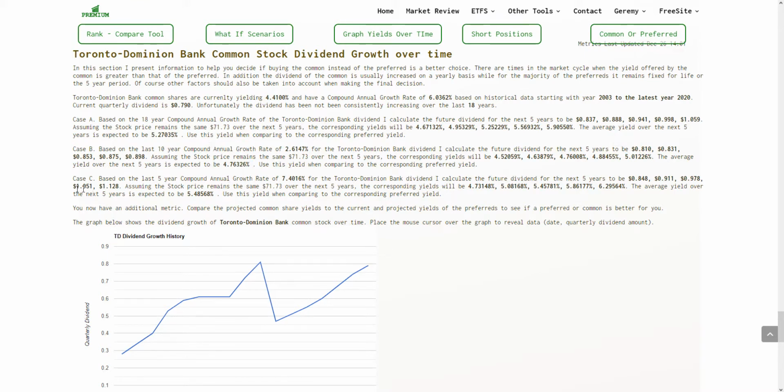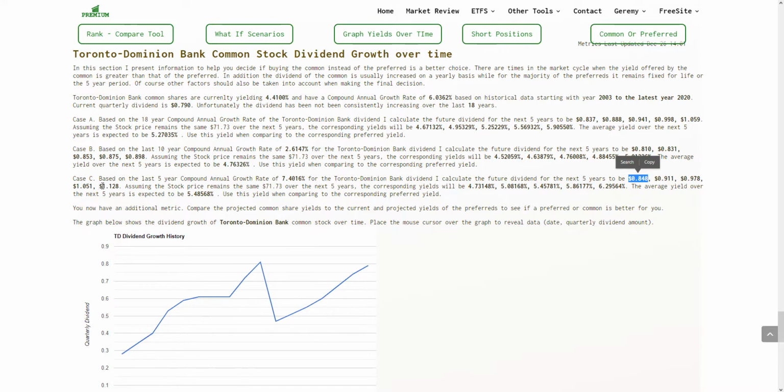Case C. Based on the last 5-year compound annual growth rate of 7.4% for the TD dividend, I calculate the future dividend for the next 5 years to be starting at 84 cents and ending at $1.12.